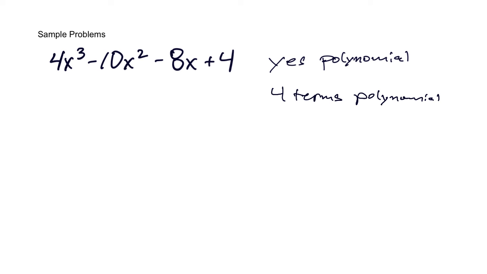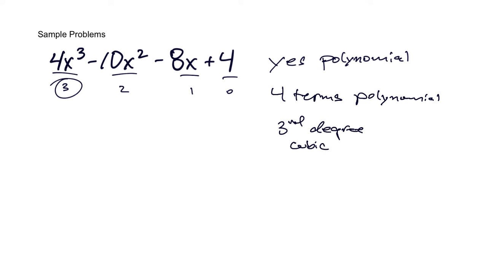What's the degree? Well, I have a three sum. If I look at this term, my total in the exponents is 3. For this term, it's 2. For this term, it's 1. For this term, it's 0. So 3 is the biggest. So it's a third degree. We call that a cubic. Okay, so it's a cubic 4-term polynomial.